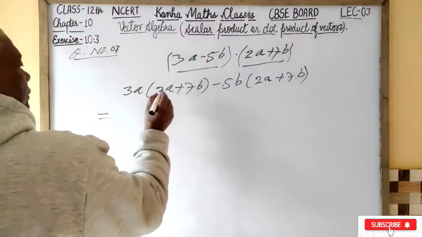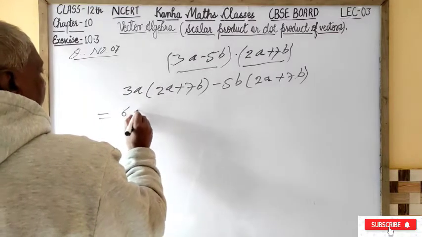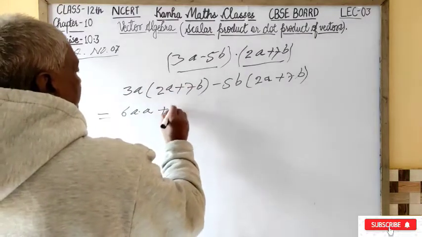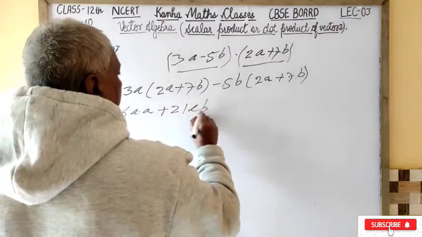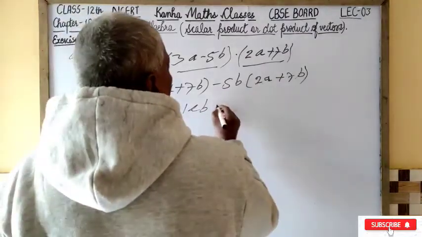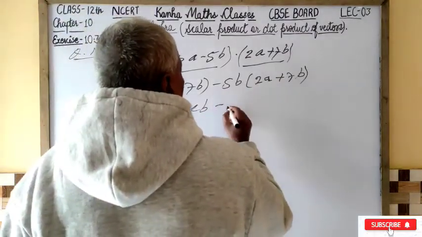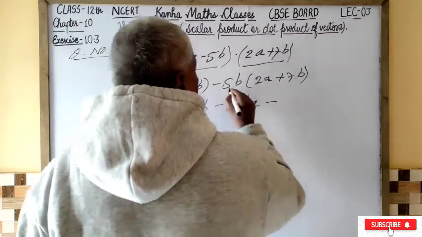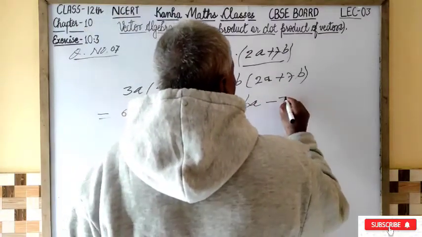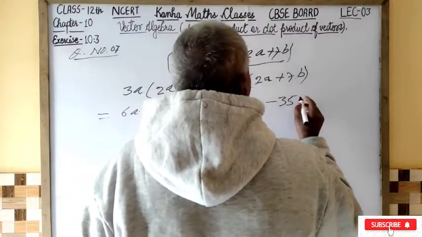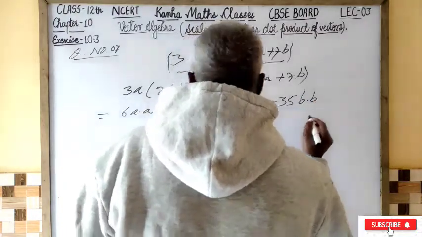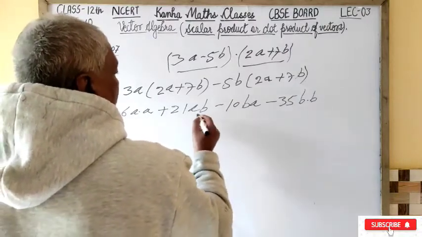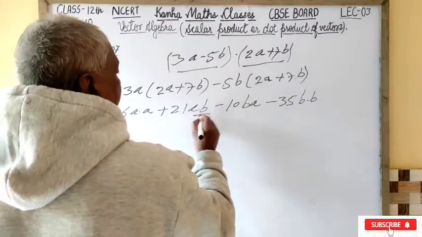Now 3 twos are 6 a square, and 3 sevens are 21 a b. Here minus 5 into 2 is minus 10 b a, and minus 5 sevens are 35 b dot b. As I have stated earlier, ab and ba are the same.